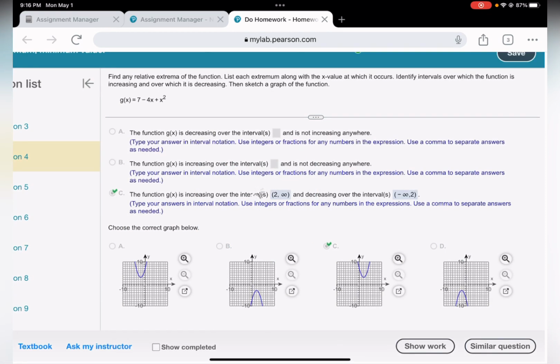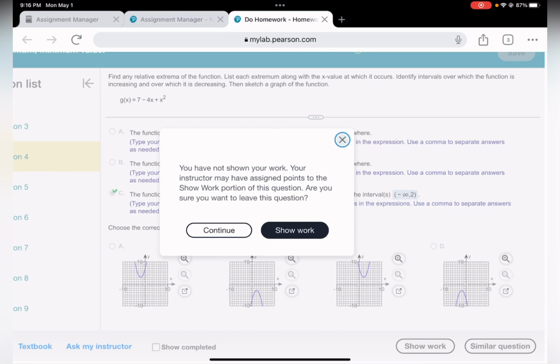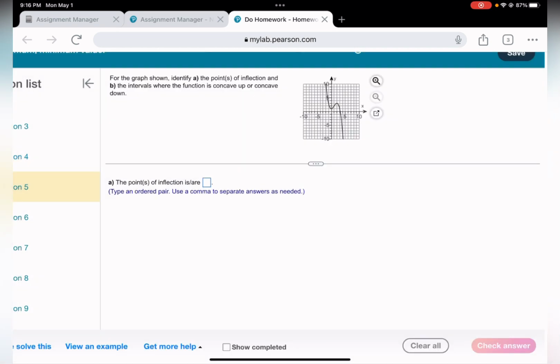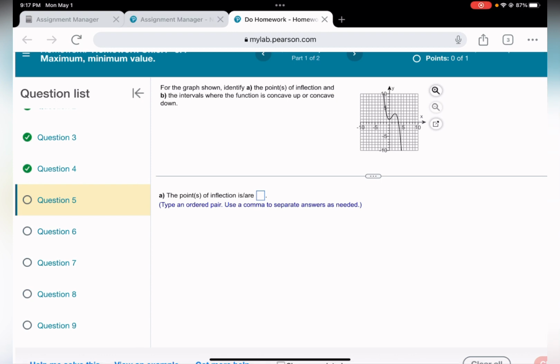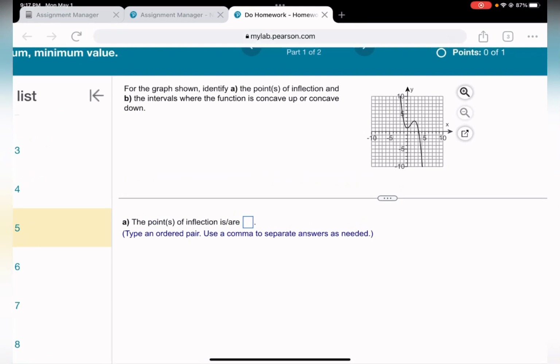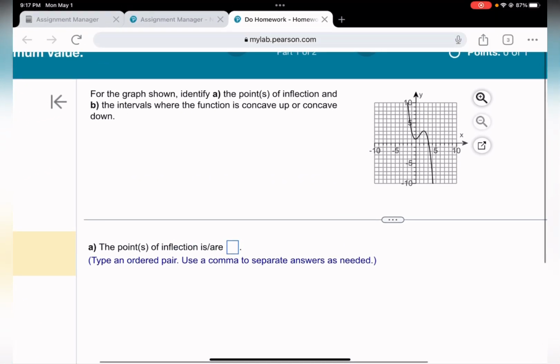Number 5. We don't need to show work. We are going to question number 5. For the graph shown, identify the point of inflection.